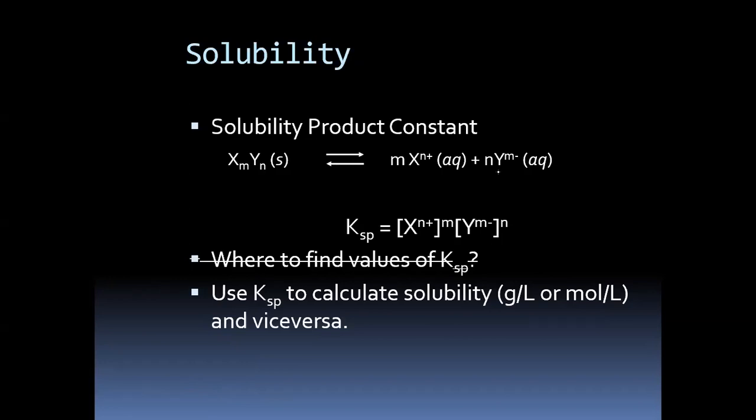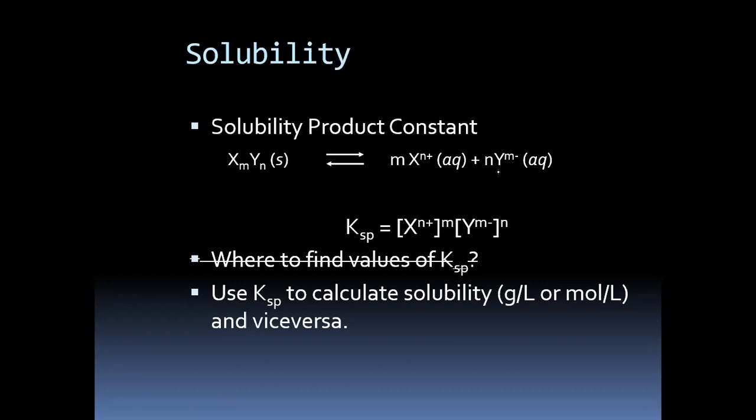For example, we did an exercise a little while ago with zinc hydroxide. We had to remember that there are 2 units of hydroxide for every zinc. So KSP is the molarity of zinc times the molarity of hydroxide squared.